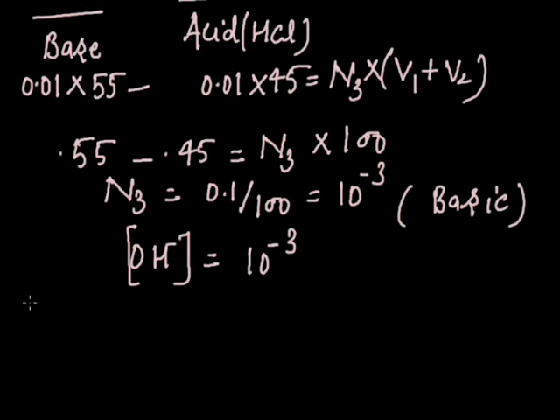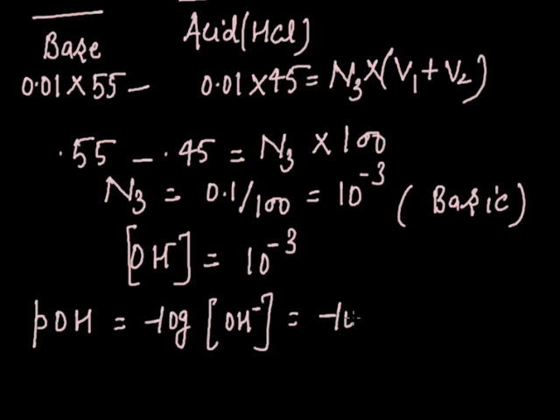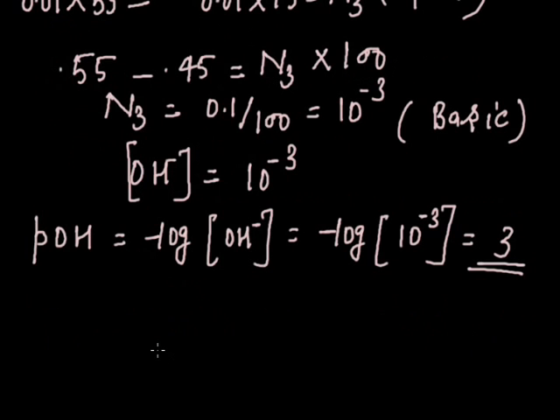Now by using the formula, pOH is equal to minus log of OH minus ion concentration, so it will be minus log 10 raised to power minus 3, which comes out to be 3, by using the formula log m raised to power n equals n log m, because the value of log 10 is 1.